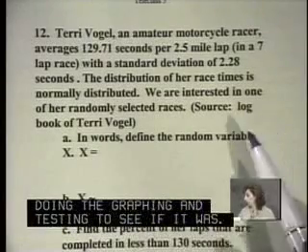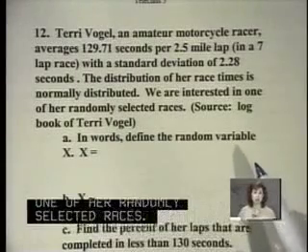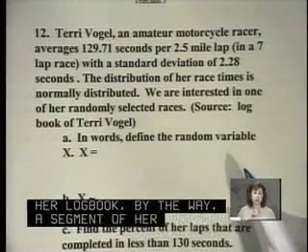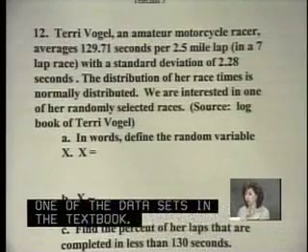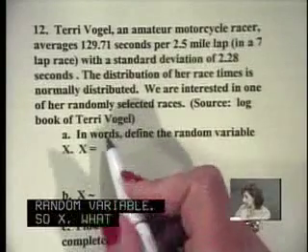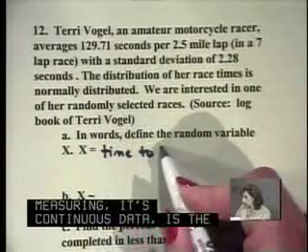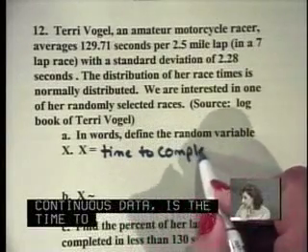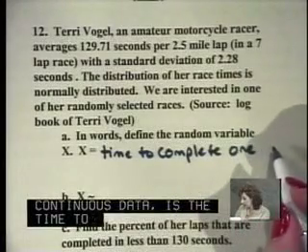And we're interested in one of her randomly selected races. Her logbook, by the way, a segment of her logbook, happens to be printed as one of the data sets in the textbook. In words, define the random variable. So x, what we're measuring, it's continuous data, is the time to complete one lap.